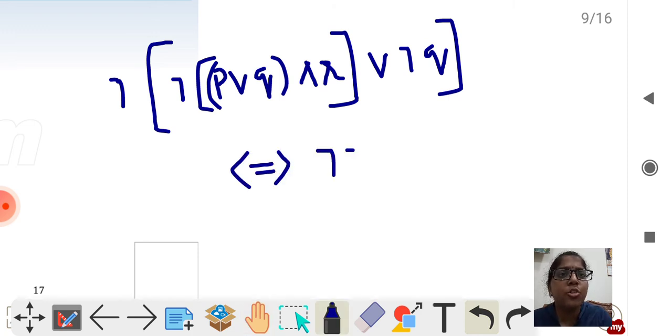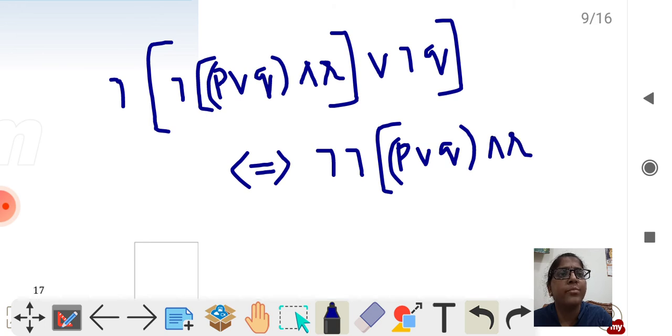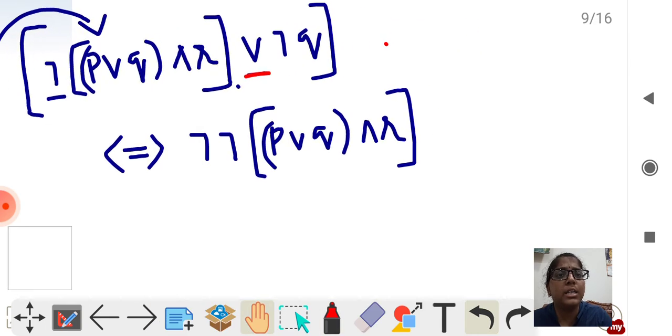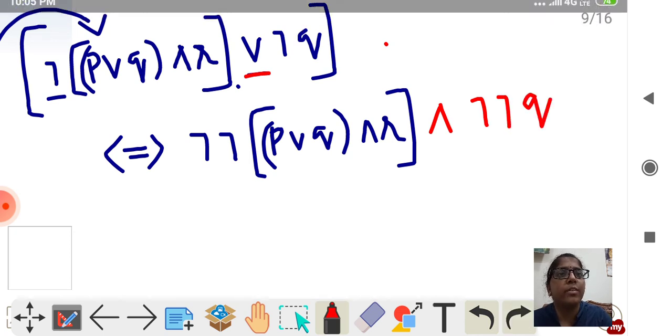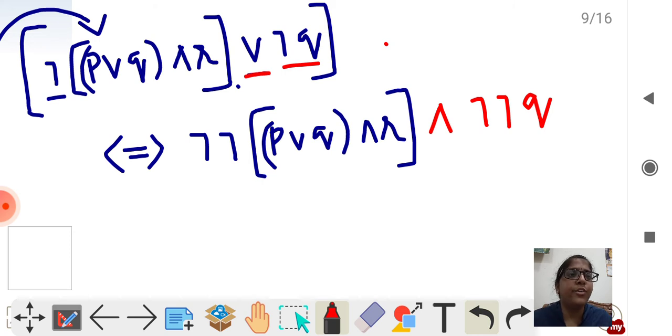So negation of negation P or Q, and R. Close the bracket. This negation we have taken inside, the negation of the whole value. So R will become negation R, and here it is and, negation of negation Q. If you take the negation inside, it becomes negation Q. By which law did we get this?